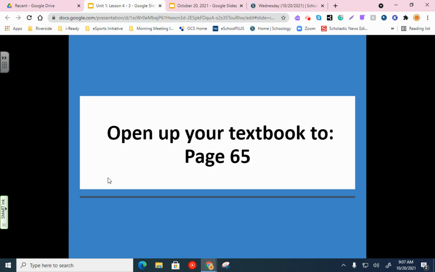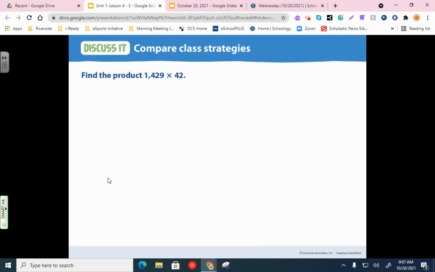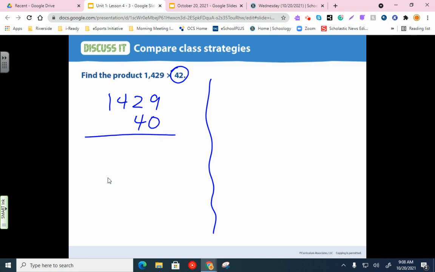And again, if you're doing this video from home, you can pause and rewind if I'm going too fast for you. So it wants us to find the product of 1,429 and 42. I still want to try it this way, where we break up one of these factors, in this case 42, into two different parts. So on the left, do 1,429 times 40.